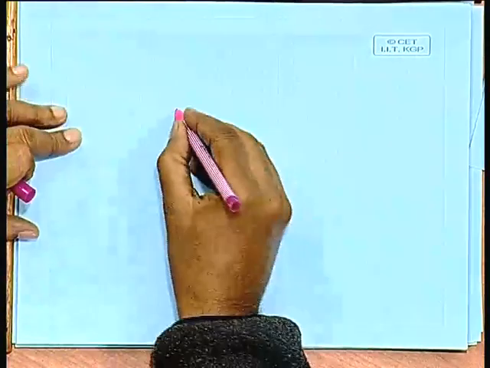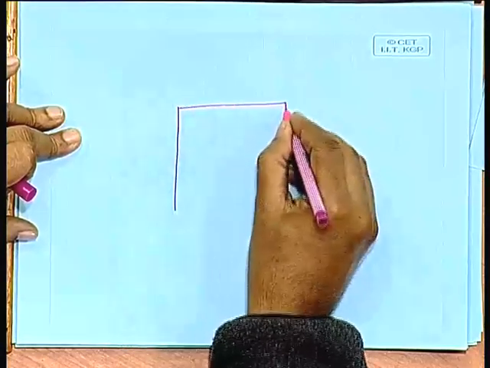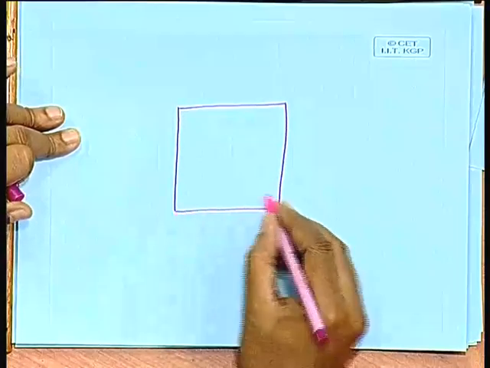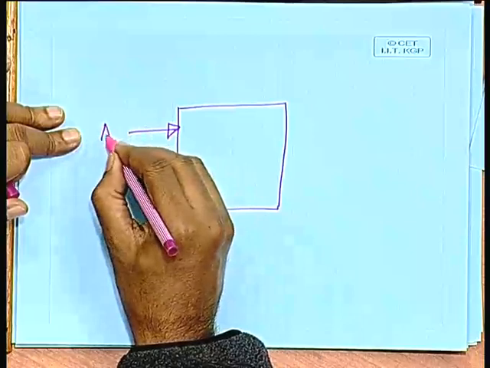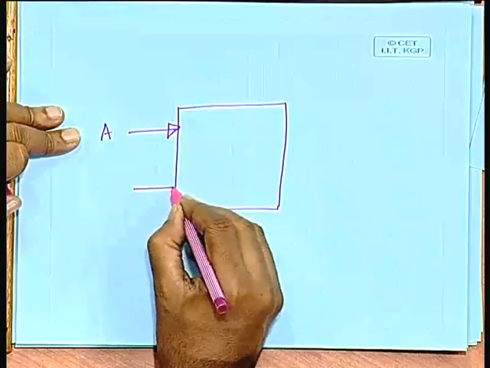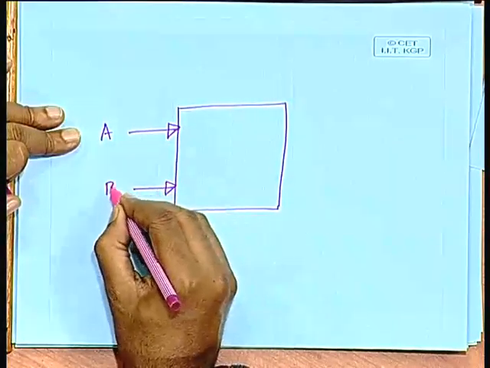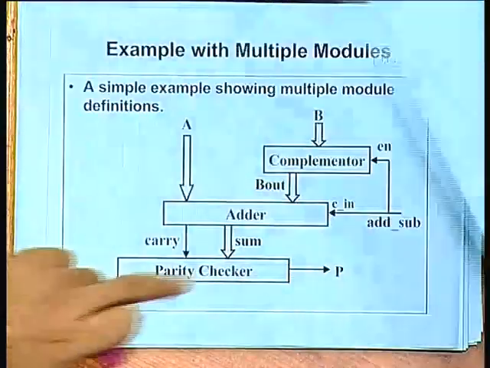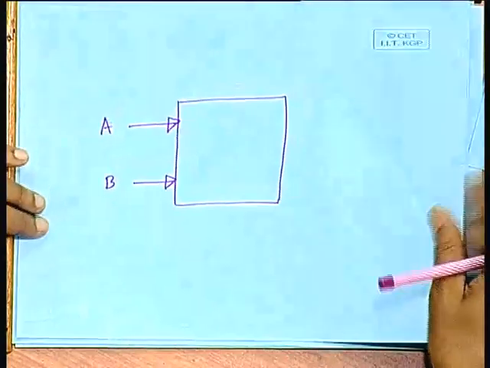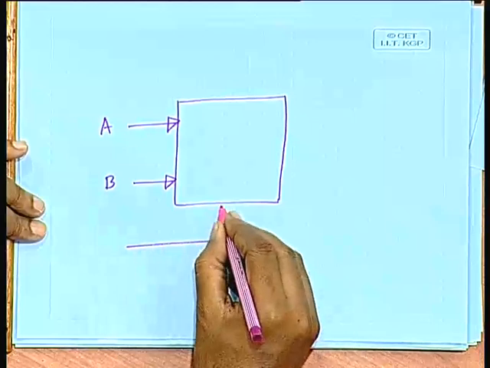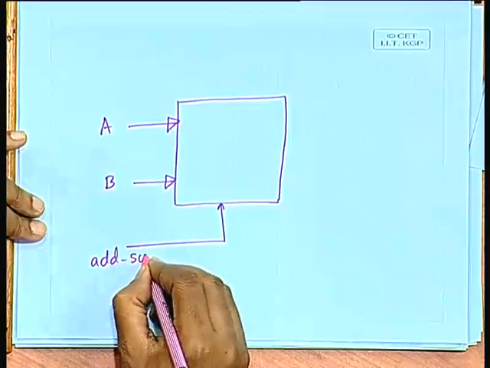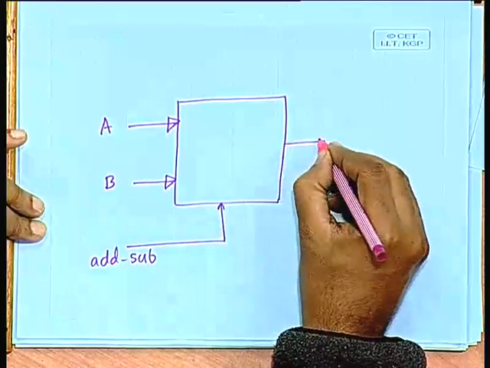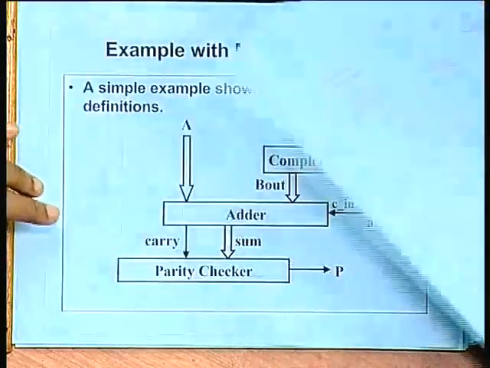We want to design a block which will accept 2 input vectors A and B. There will be a control signal add sub, and there will be an output called P.